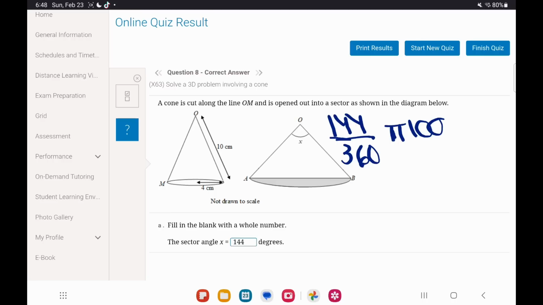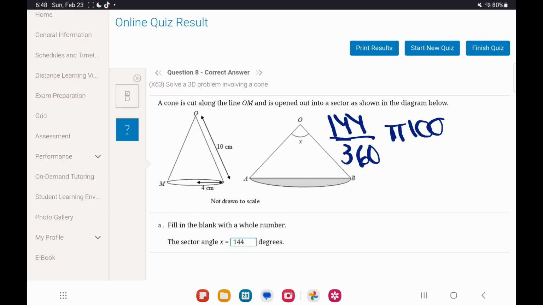Now I do it on my calculator, sorry, I did it wrong, 144 over 360 times 100 pi. You get 40 pi, okay?